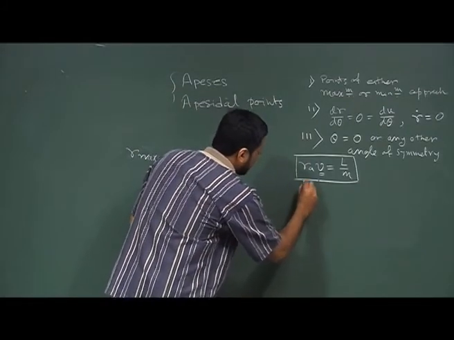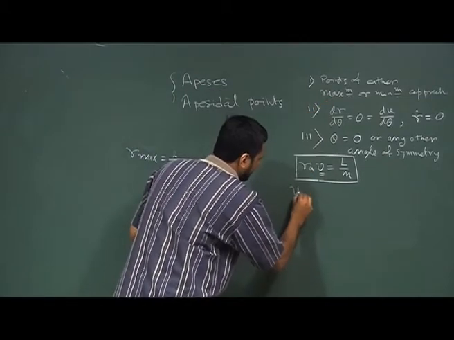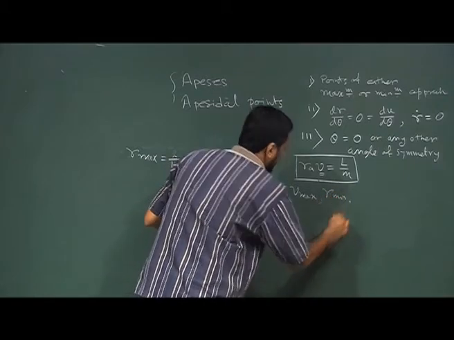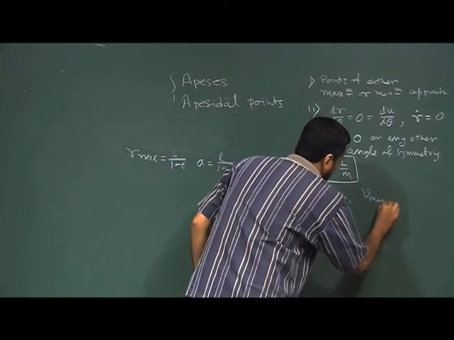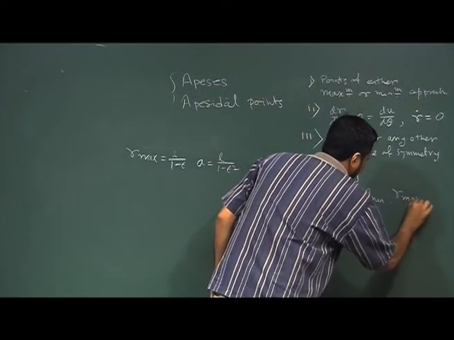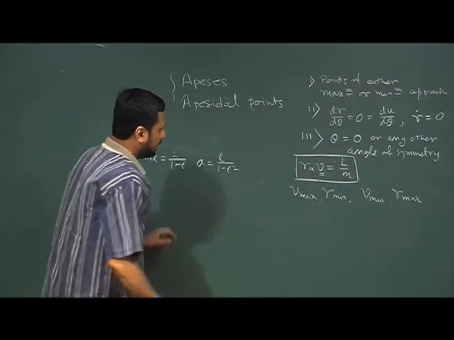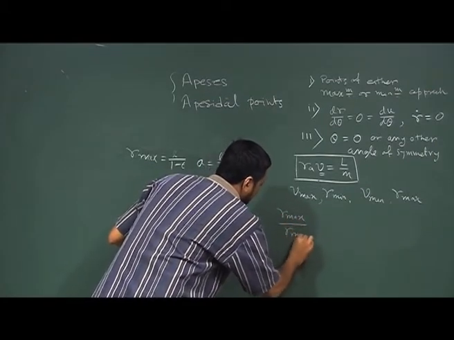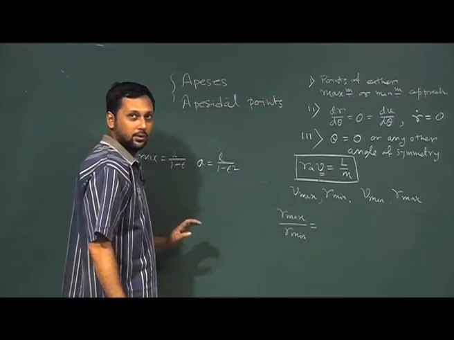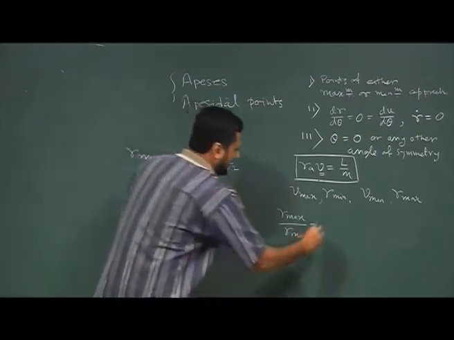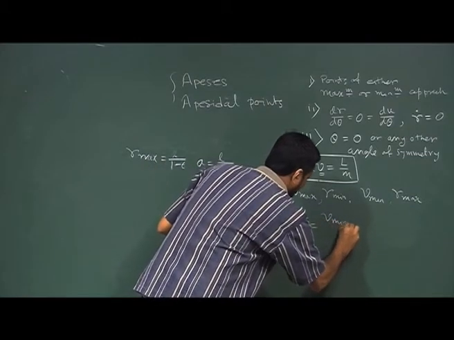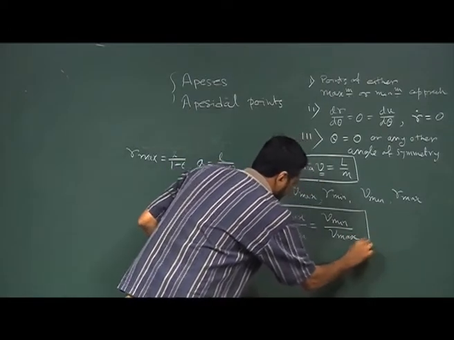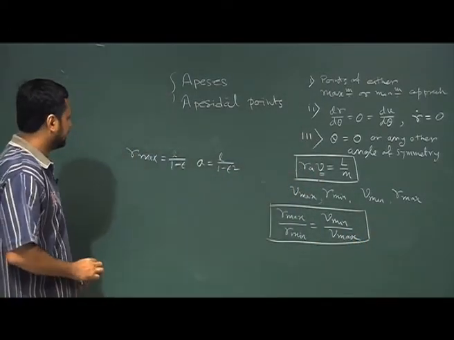So, if we write the velocity at the maximum point as v_max, corresponding to r_min, and v_min corresponding to r_max, then we immediately see from this relation that r_max by r_min will be equal to v_min by v_max. So, this is one relation we have.